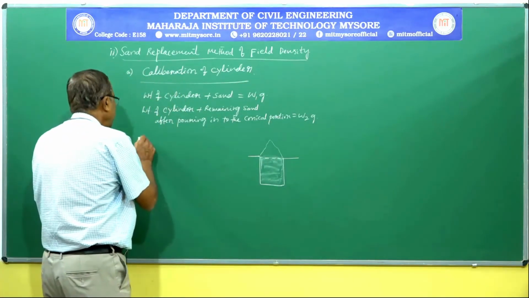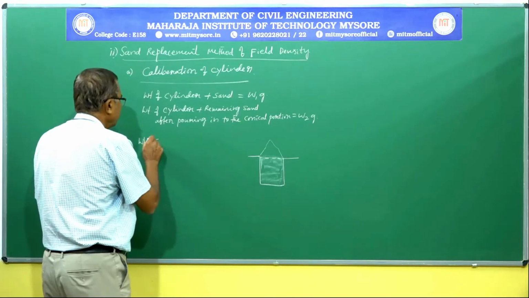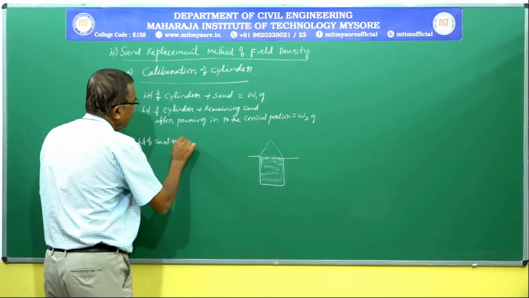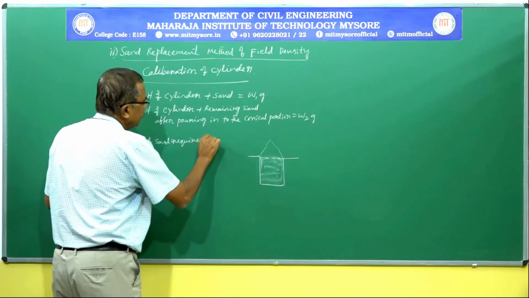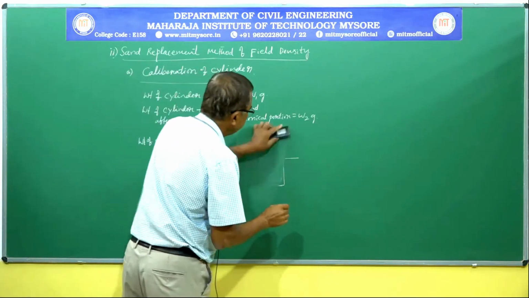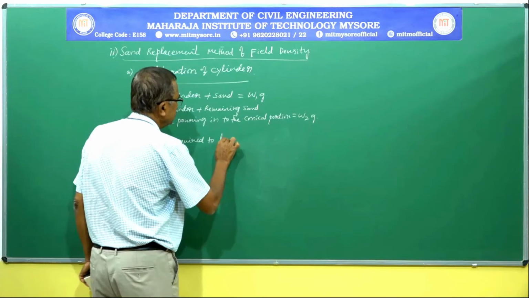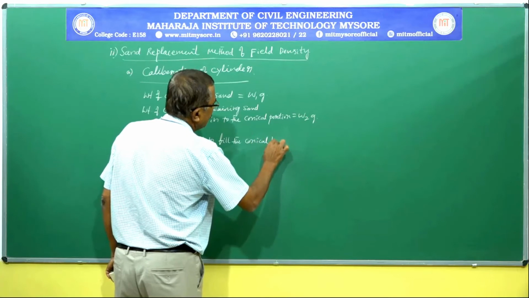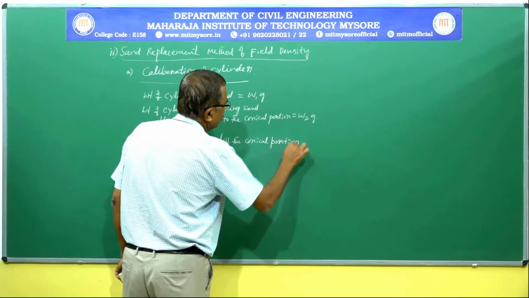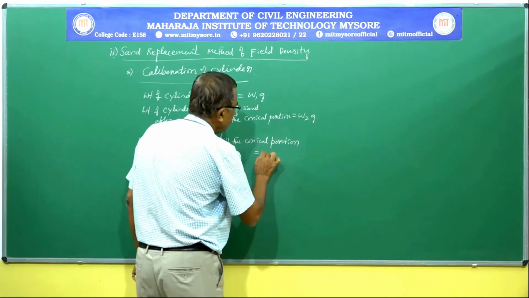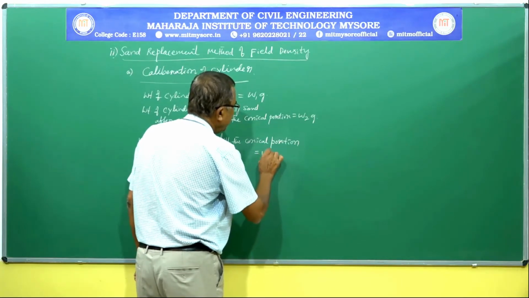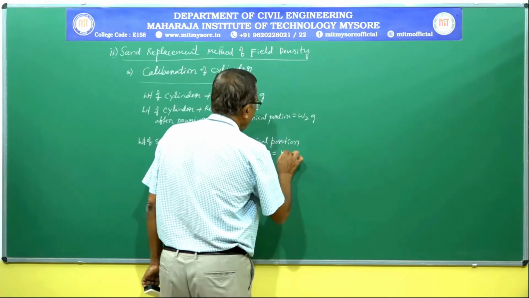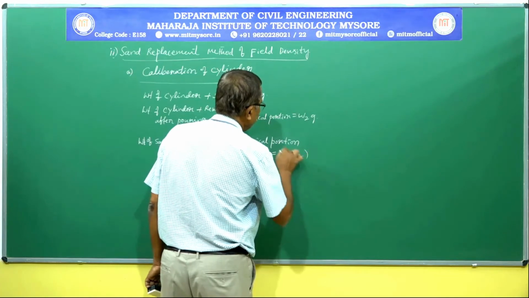So weight of sand required to fill the conical portion, WC, is equal to W1 minus W2 grams.